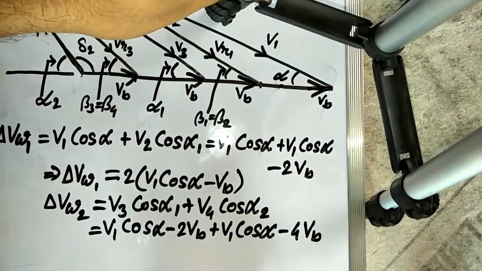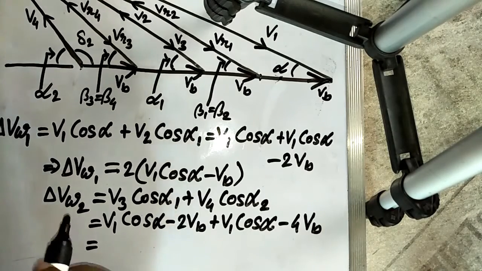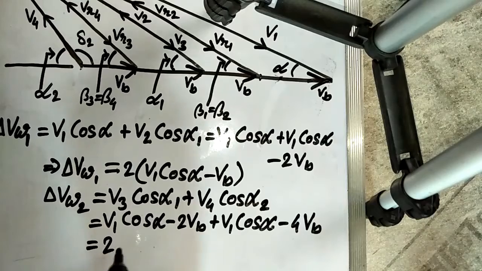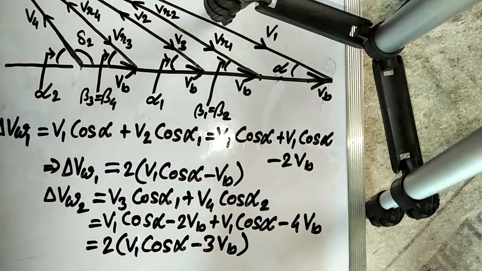So the value of Δv_ω2 is equal to 2 into V1 cos alpha minus 3 into vb. This is the value of Δv_ω2.